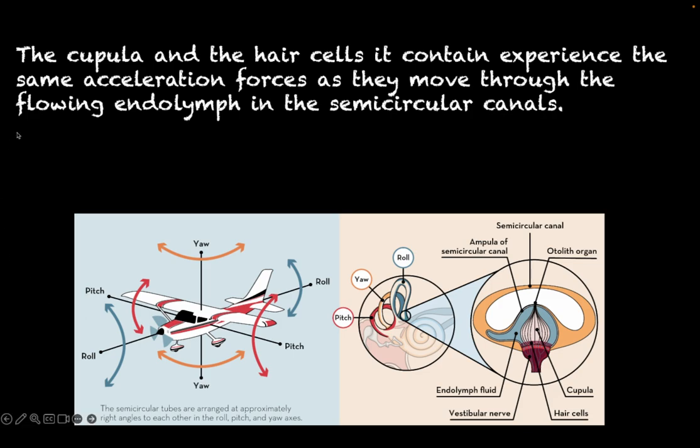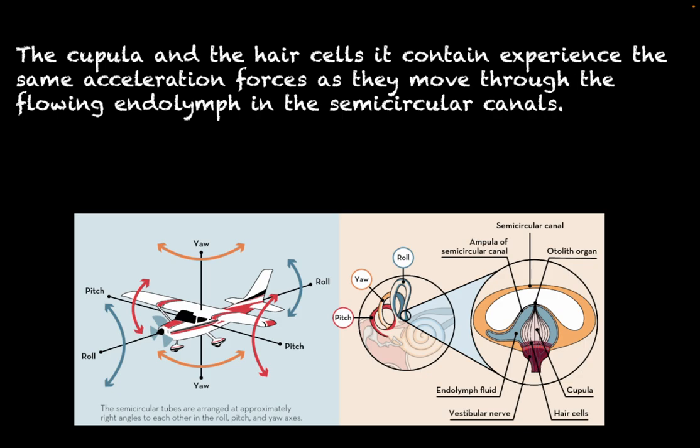So the cupula and the hair cells that it contains, and you can definitely see this thing looks like an onion, I think that's a pretty apt comparison. I think that thing looks exactly like an onion. The cupula and the hair cells it contains will experience the same acceleration forces as they move through the flowing endolymph in the semicircular canals.